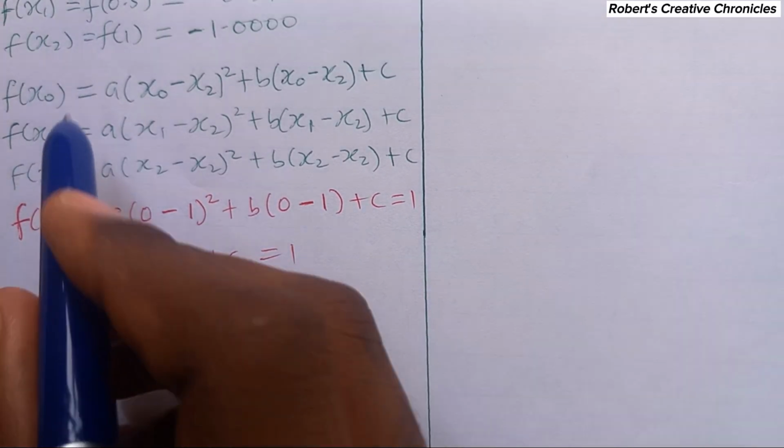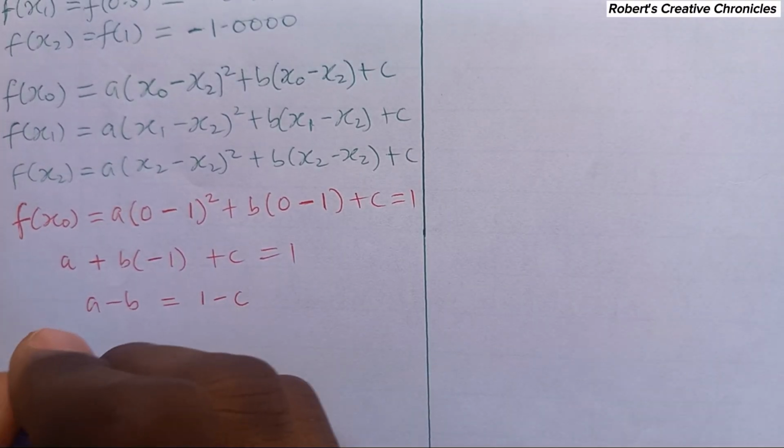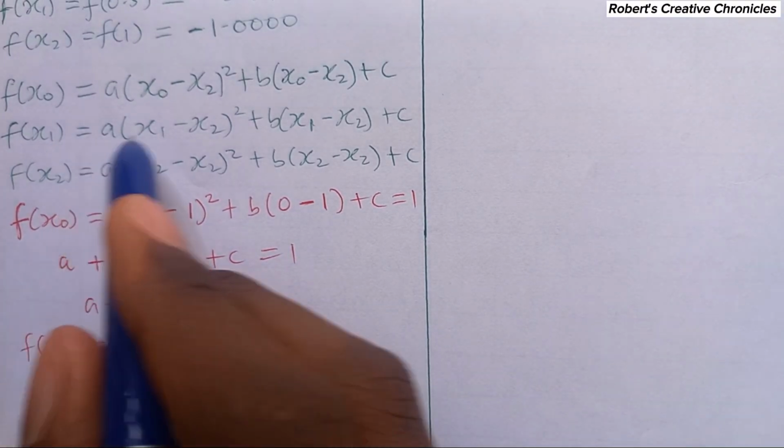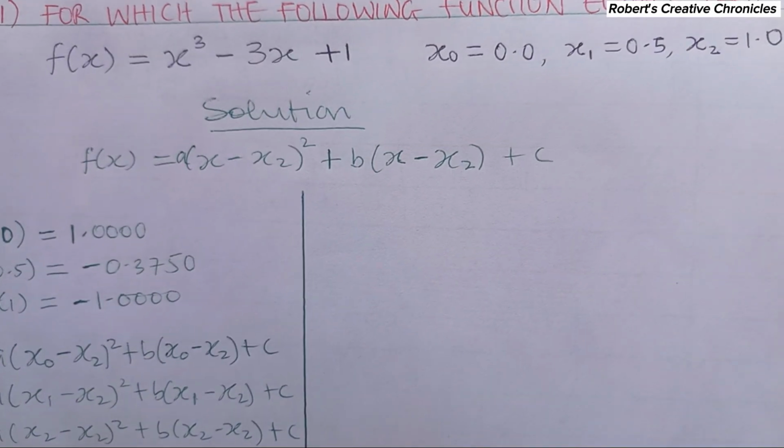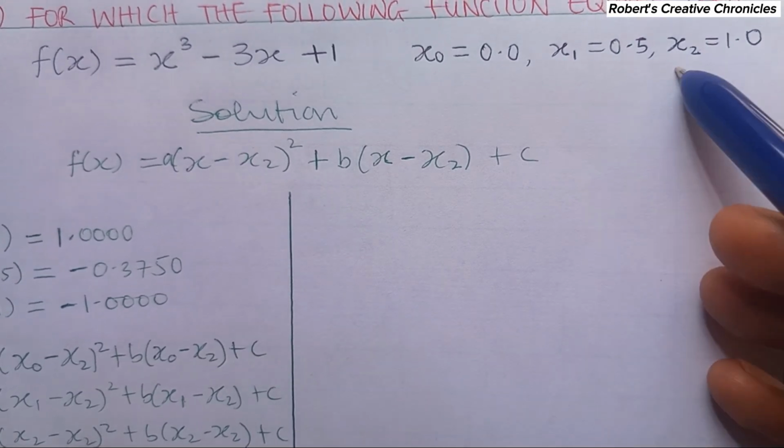And the second one, f(x1). We substitute x1 is 0.5 minus x2 is 1.